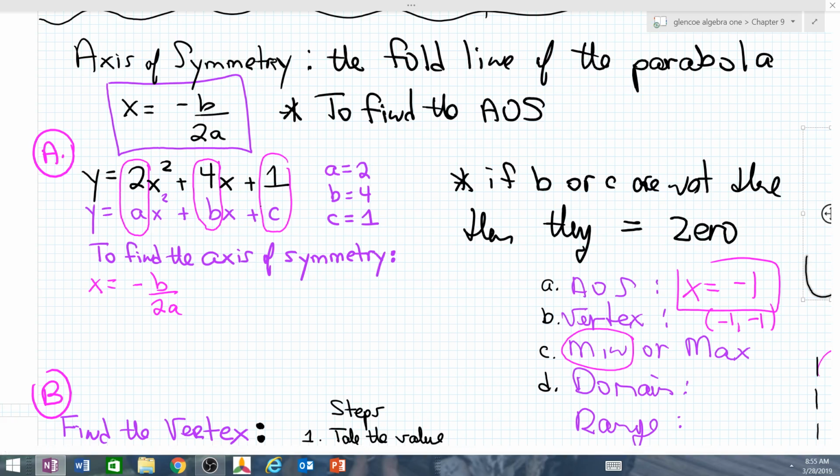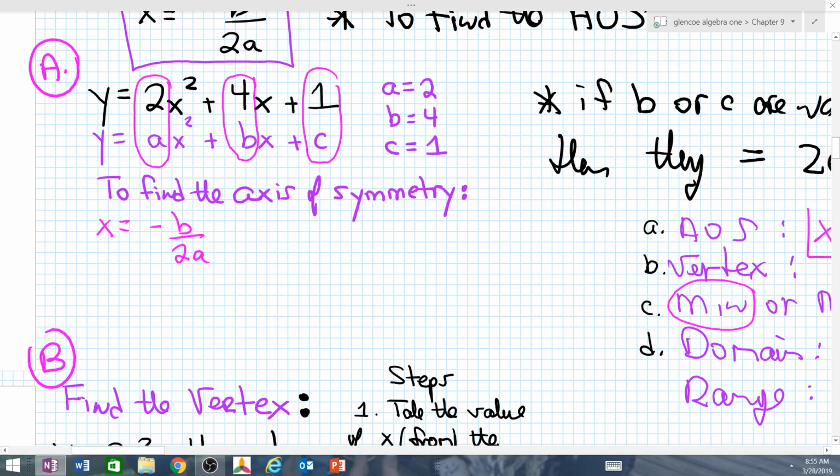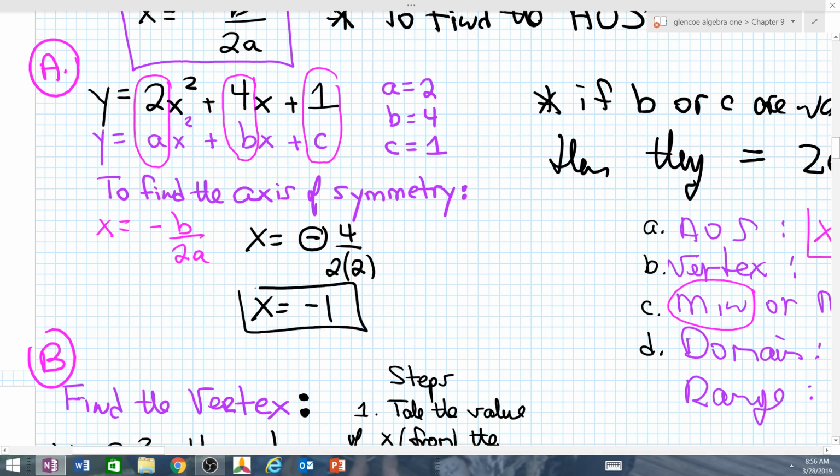So to find the axis of symmetry for y equals 2x squared plus 4x plus 1, step one, we've identified a, b, and c. I've written my equation, x equals negative b over 2a. Now I'm ready to plug it in. x equals negative 4. The negative is part of the formula, guys, over 2 times a, which is 2. My axis of symmetry is x equals negative 1.